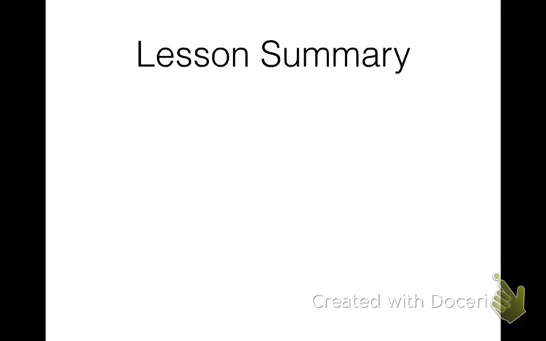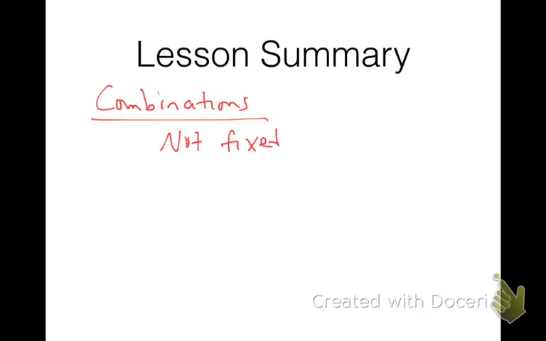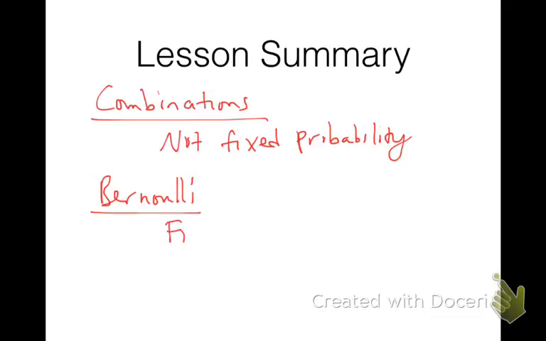In general, the difference between Bernoulli and combinations is whether the probabilities are fixed or not. With combinations, you don't have a fixed probability, whereas with Bernoulli, you always have a fixed probability.